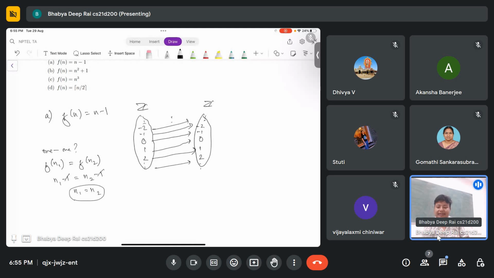So what we assumed, that n1 and n2 could be different, is wrong. n1 should always be equal to n2, right? So if two inputs map to the same output, it can only be that the two inputs are actually the same. So yeah, it is 1-1.